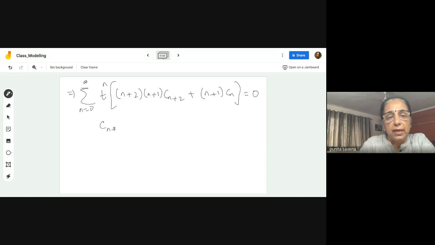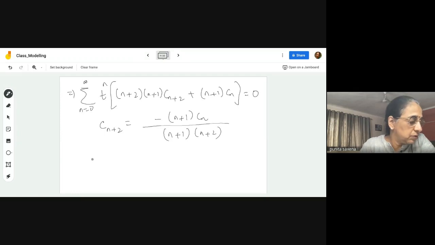So I'm now directly writing my c_(n plus 2) is nothing but minus (n plus 1) c_n upon (n plus 1)(n plus 2). Which means your c_(n plus 2) is nothing but minus c_n upon n plus 2.